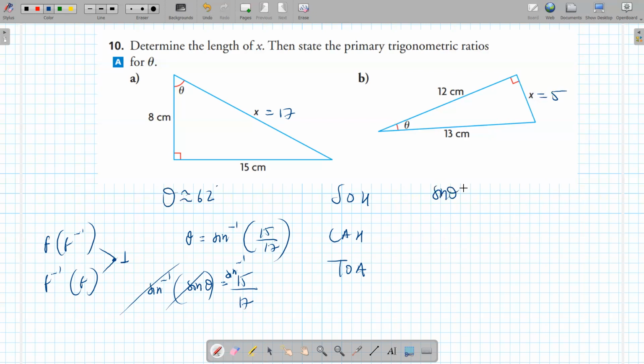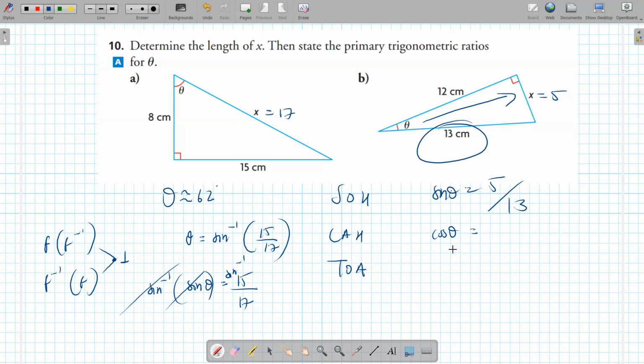From here, it's simple. Sine theta is 5 over 13, the opposite over the hypotenuse. Cosine would be what over what? 13 over 5.